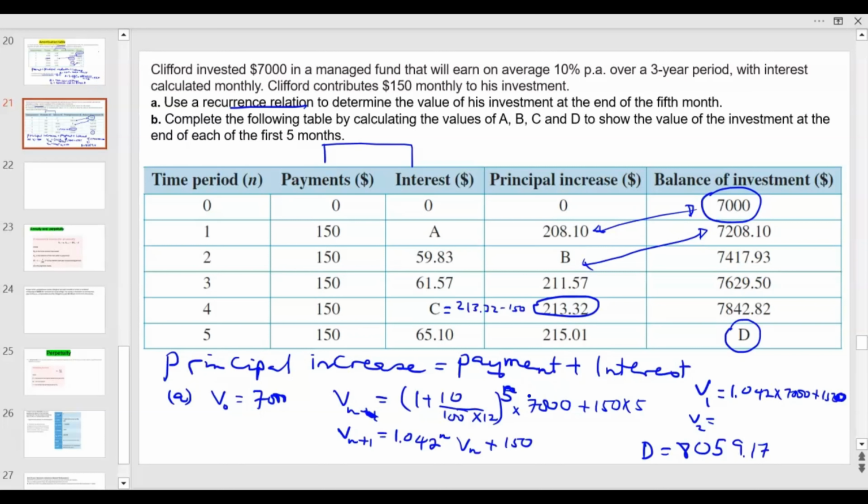Alright, C is 63. And for B, you need to add these two values in order to find what B should be. So that's basically those two numbers. Alright, and that is how an amortization table is done.